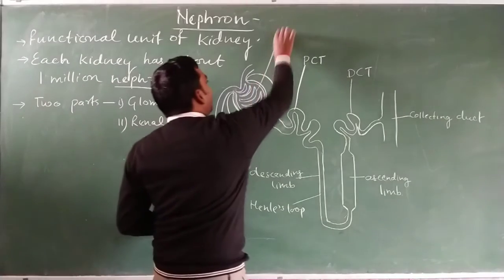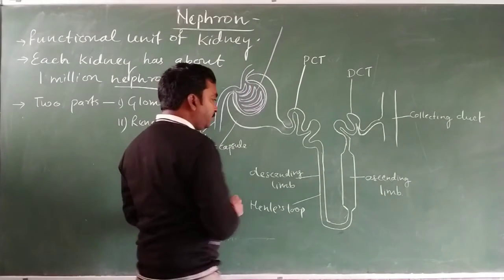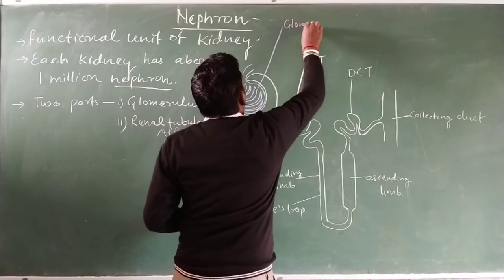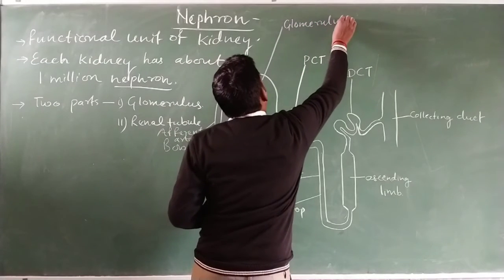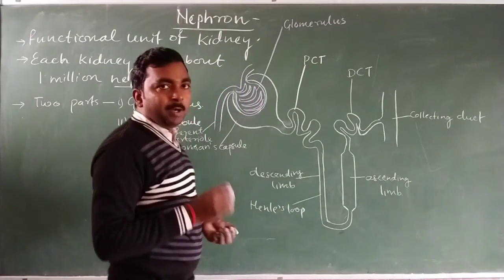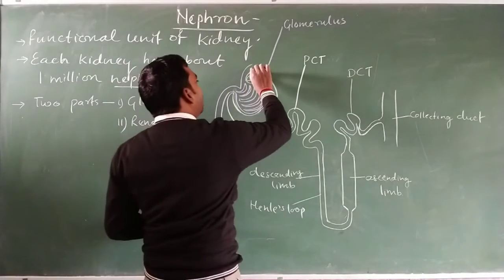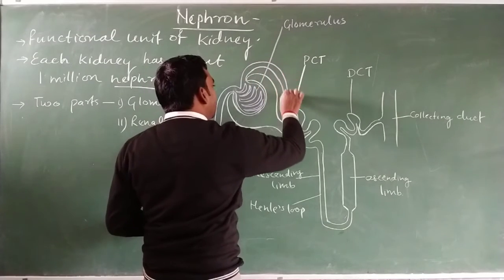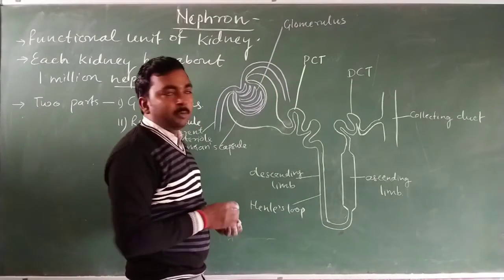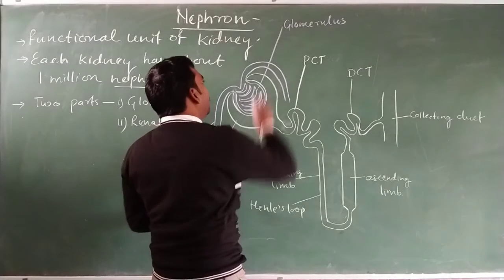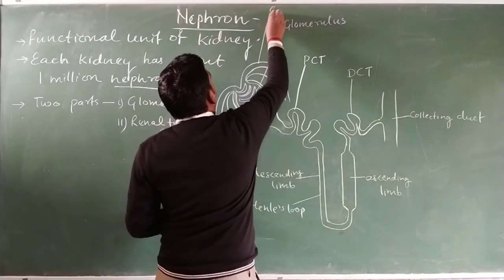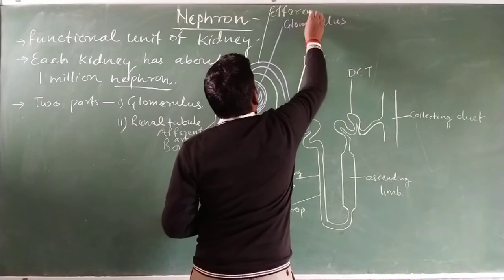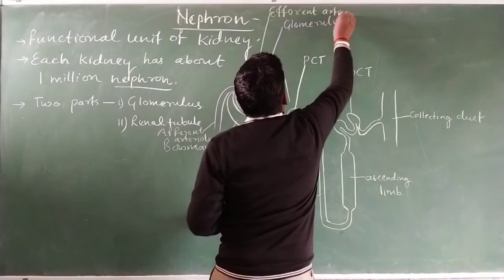While the artery which comes out from the Bowman's capsule is known as the efferent arteriole.